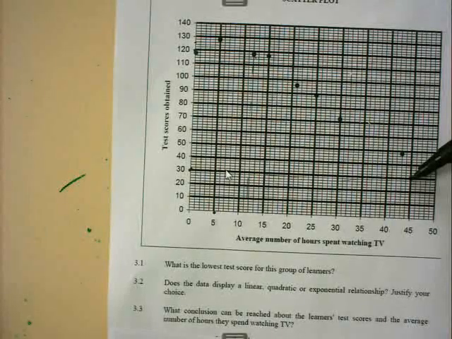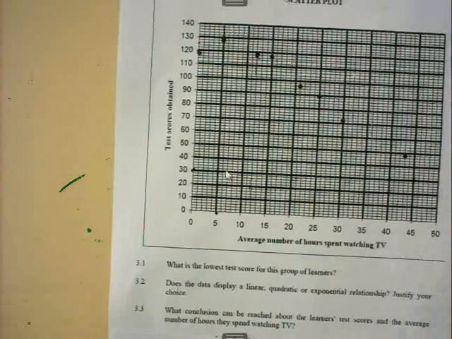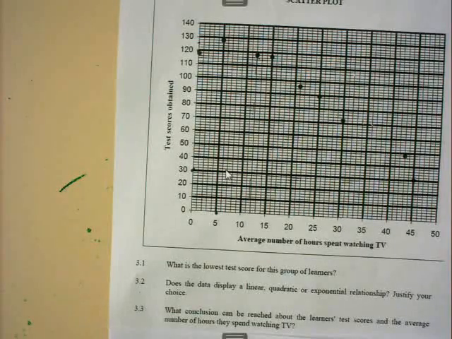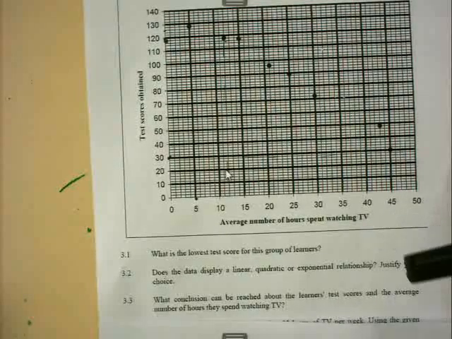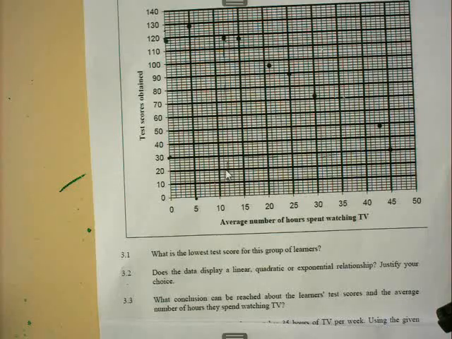45 hours, 30. So, based on the information on the scatter plot, we can draw the conclusion that the more hours the learner spends on TV, the lesser the marks. If you spend more hours watching TV, then chances are you will get less marks. If you spend fewer hours watching TV, then you will score high marks.